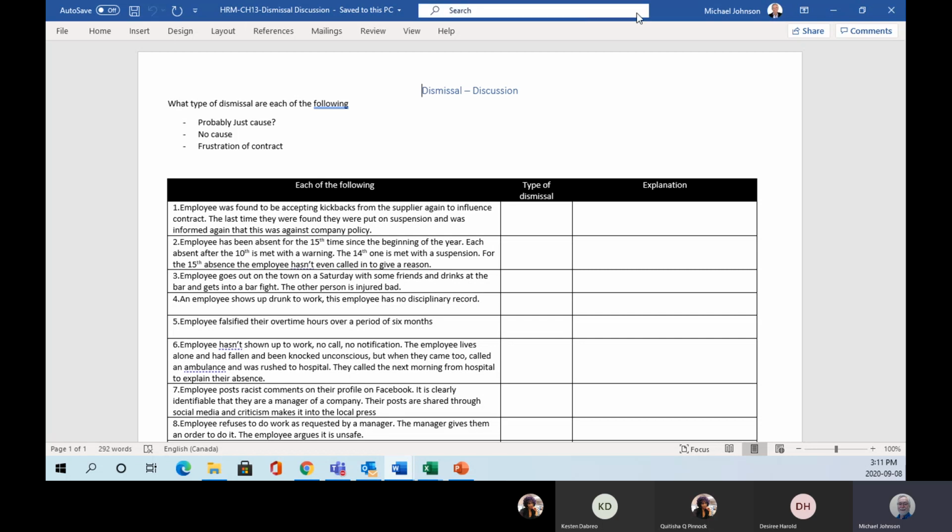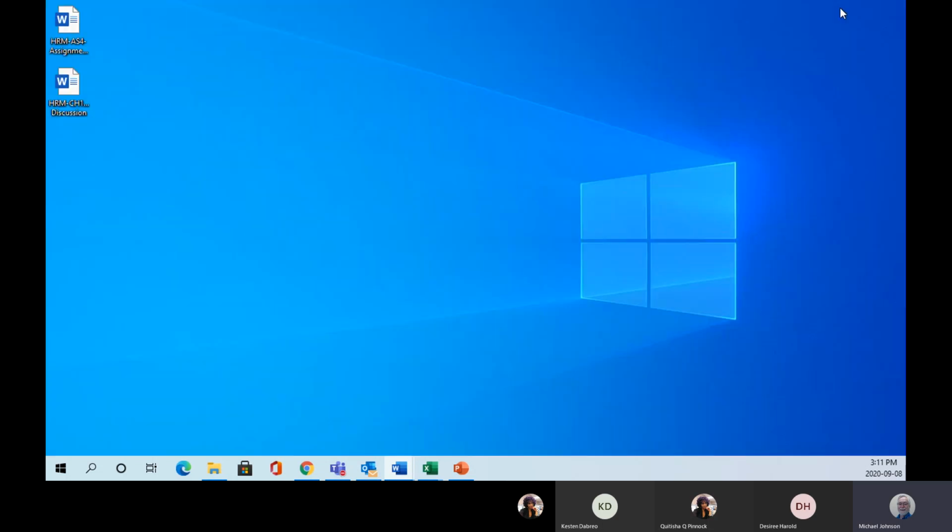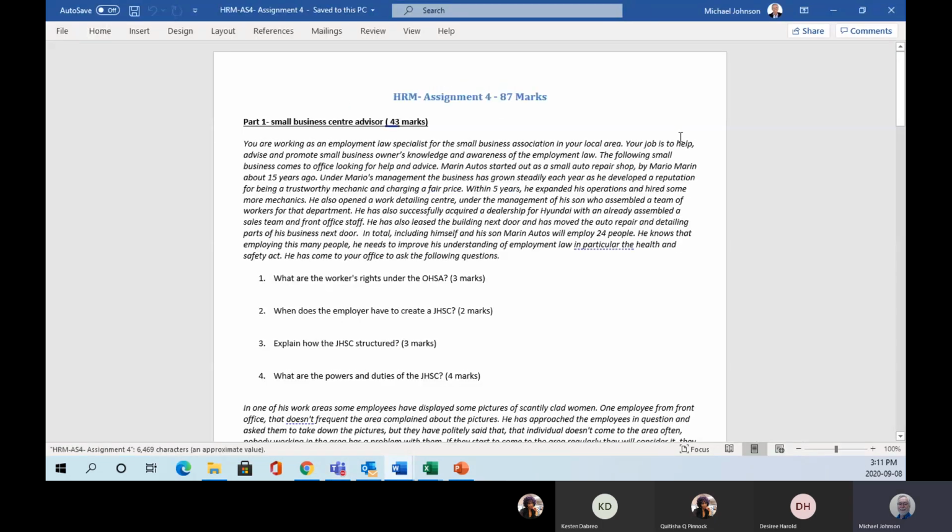And the other thing that I gave you here as well, let's just open that one up, is assignment number 4. So remember, you need to make sure I get those assignments. You can either put them on Brightspace under assignment and upload it, or you can send it to me as Keston has been sending it to me so that I at least have them and I can mark them.